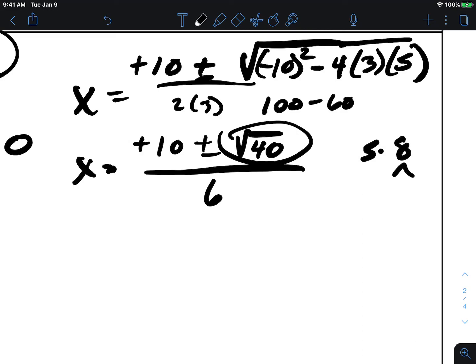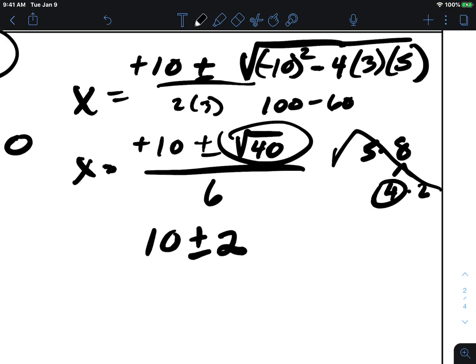Well, that'll make that a 4 times a 2. There's my perfect square. 5 times 2 is going to leave me with a 10. So that's going to be 10 plus or minus 2. Where's the 2 coming from? The square root of 4. Those got square rooted. Times the square root of 10 divided by 6.